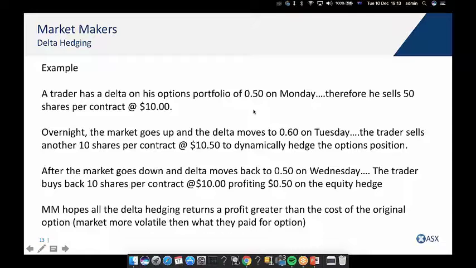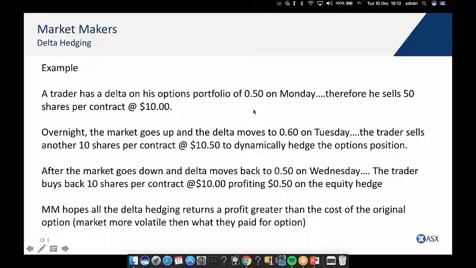All of a sudden the delta of that option has changed, so the market maker needs to sell an additional 10 shares to hedge against that larger position. But they're selling those 10 shares at $10.50 rather than the $10 they originally sold those shares at. And they're dynamically hedging that options position over time.